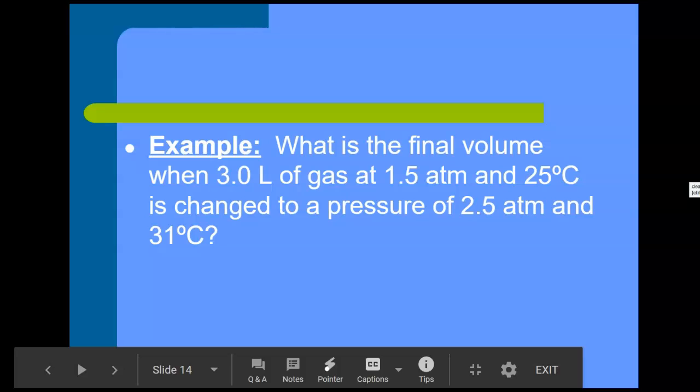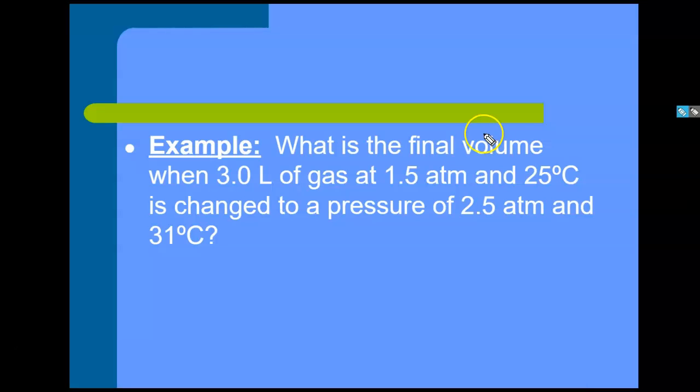This asks us what is the final volume, V2, when volume 1, 3 liters of a gas, at pressure 1, 1.5 atmospheres, and temperature 1, I'm going to add 273, and this is going to be 298 Kelvin, is changed to a pressure of 2.5 atmospheres and 31 degrees Celsius, which is T2.